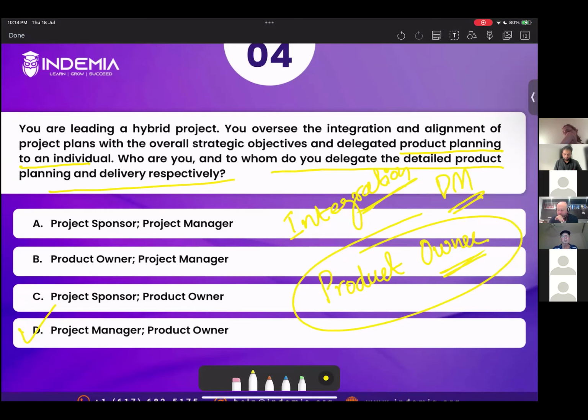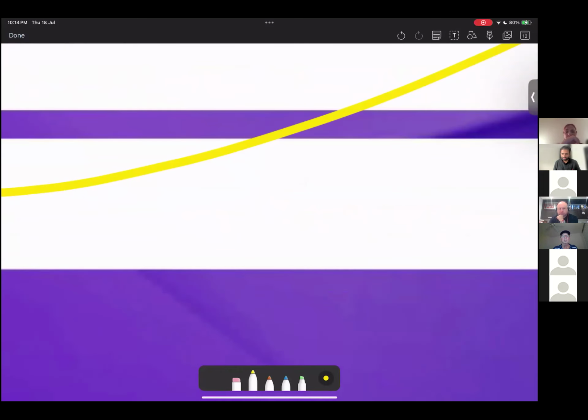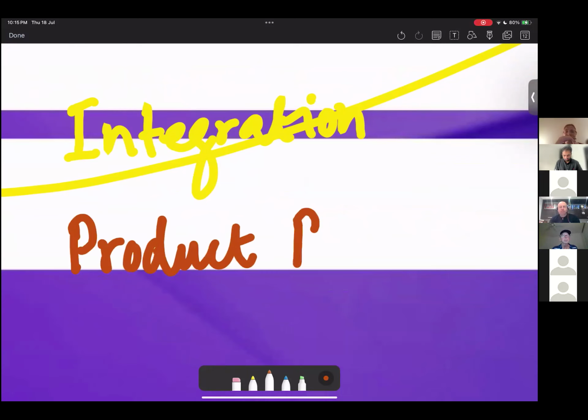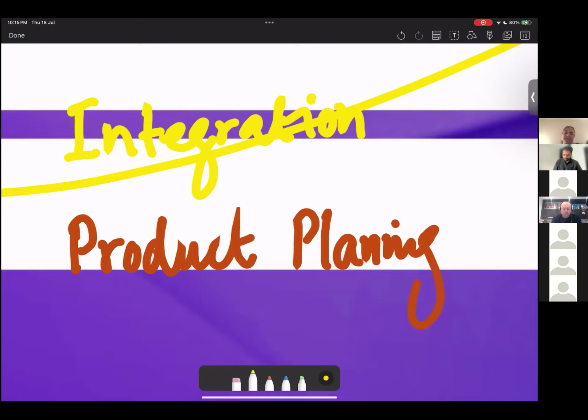No, so we have two different actions here. One is project integration of plans, and second is product planning. Integration is done by the PM, project manager, and this is done by the PO, product owner.